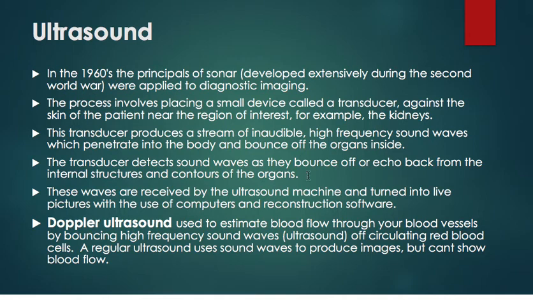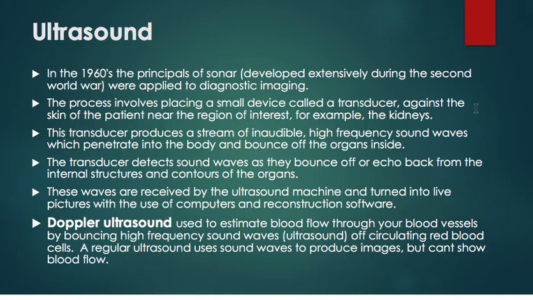The waves are received by the ultrasound machine and turned into live pictures with the use of computers and reconstructive software. So the transducer emits those sound waves, they enter the patient's body, bounce off that organ, come back to the transducer, and the transducer turns those into images.